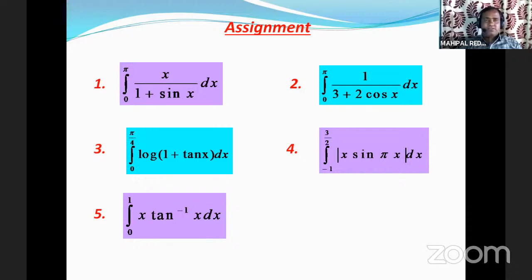So we have completed the 2 chapters, integration as well as definite integration. Tomorrow I will start differential equations, the last chapter, chapter 8.